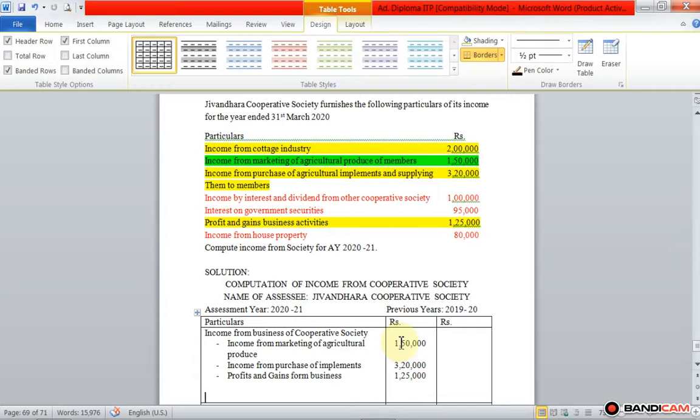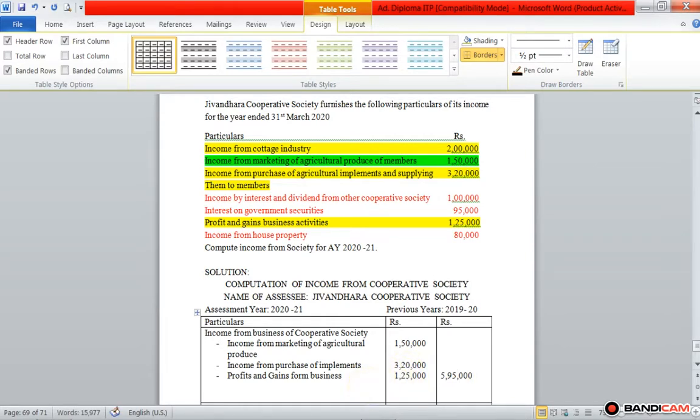Make a total of the inner column, that is 1,50,000 plus 3,20,000 plus 1,25,000. We get 5,95,000.